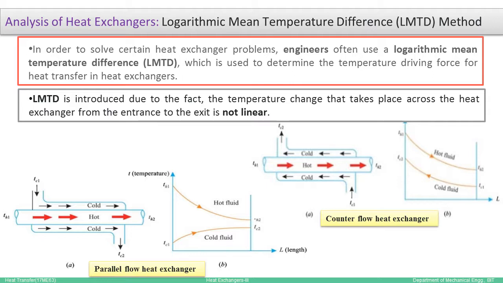That means the temperature change that takes place across the heat exchanger from the entrance to the exit is not linear. So we can't use such a simple expression from Newton's law of cooling for a surface to be applied for heat exchange between hot and cold fluids in a heat exchanger. So that's why we use the logarithmic mean temperature difference method.